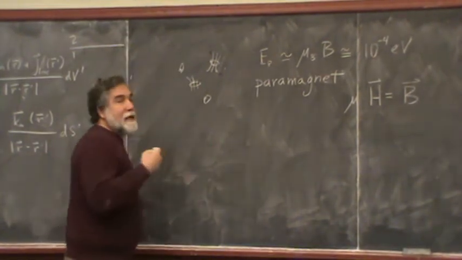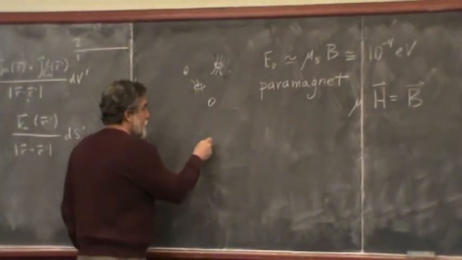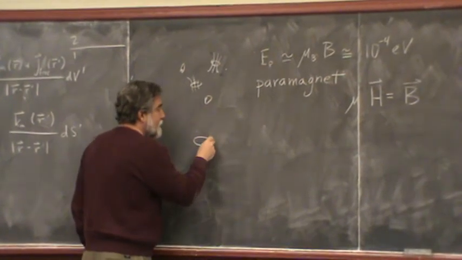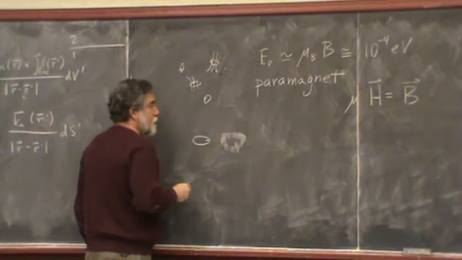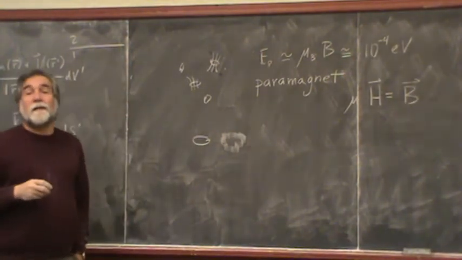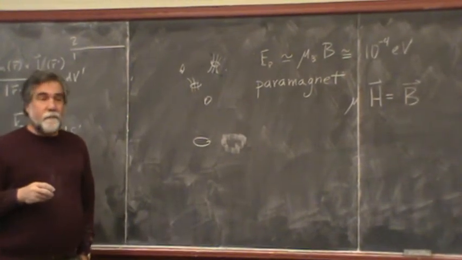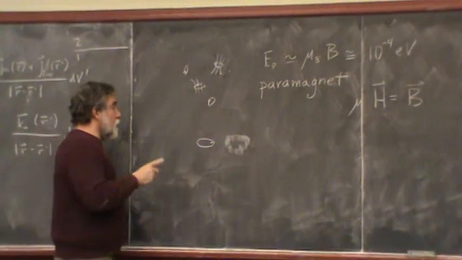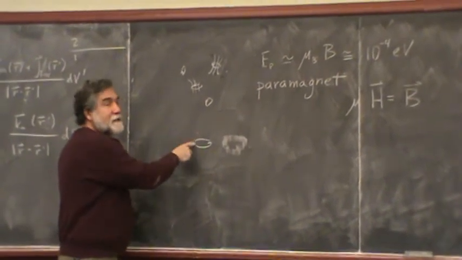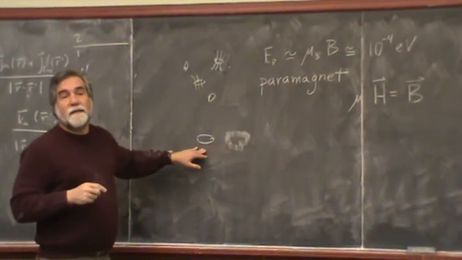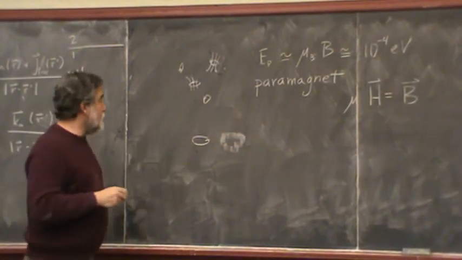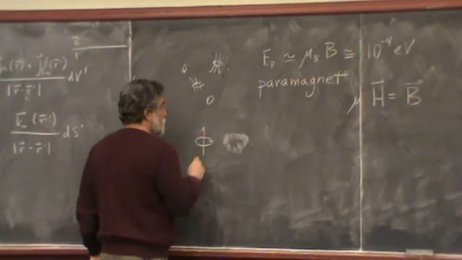Then the next thing that we can think about is if I have an electron cloud with no dipole moment, right? And I fix the orientation of this, and I don't care about that. But I fix the orientation here. And then I apply a magnetic field.